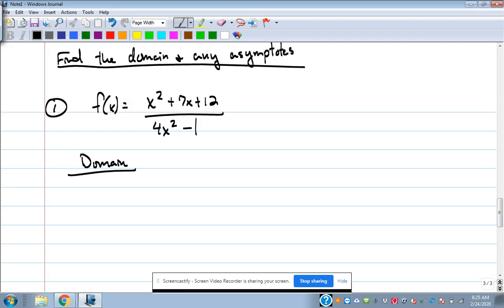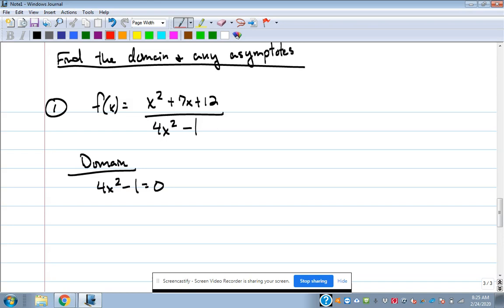We're going to find the domain first. How do we find the domain? Okay, denominator equal to 0, so 4x squared minus 1 equals 0. And then what method are we going to try to use to solve that? Factoring is what we need to try to use here because we're going to try to simplify that fraction in just a little bit. So let's try to use factoring.